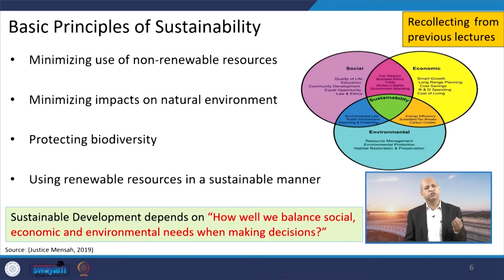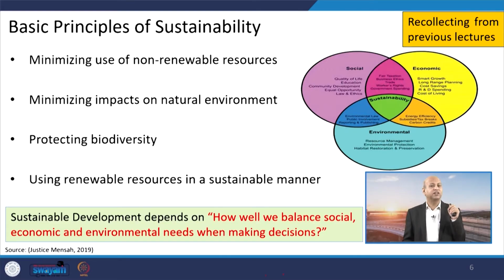Then among the basic principles of sustainability, we try to minimize the use of non-renewable resources, because using non-renewable resources is basically the carbon based economic model which is making many things unsustainable because of air pollution, climate change, and many other issues. We also minimize impacts on the natural environment, otherwise carrying capacities or the balance of ecosystems are disturbed, which creates negative externalities, and we bear the brunt of that activity.